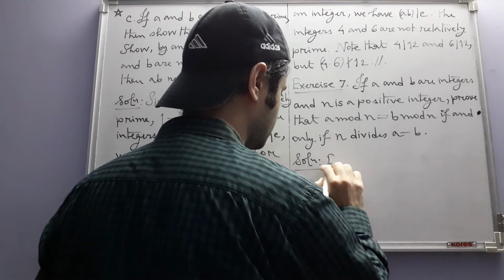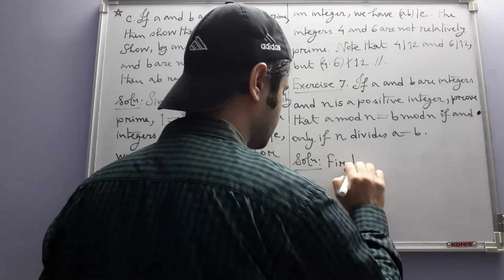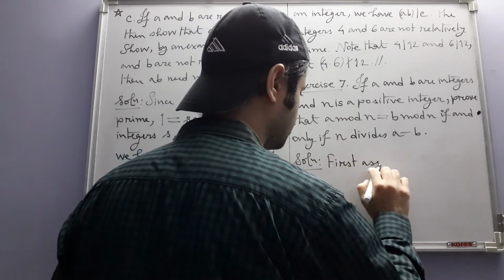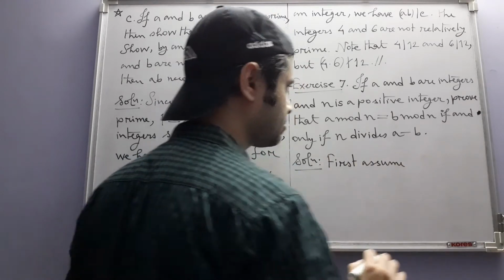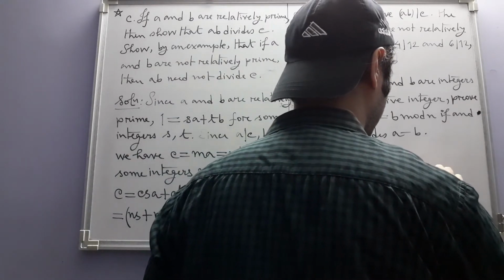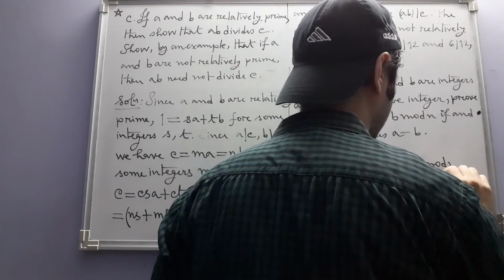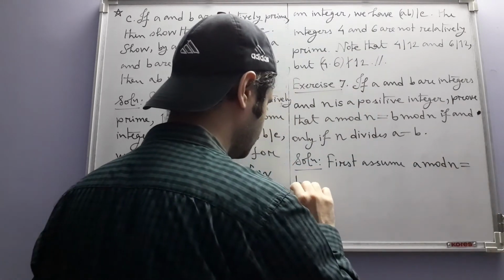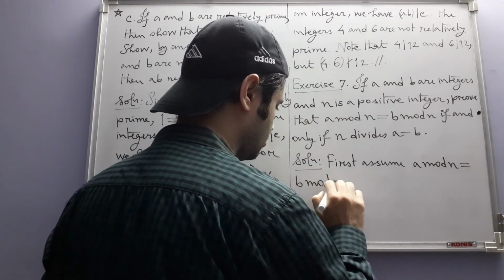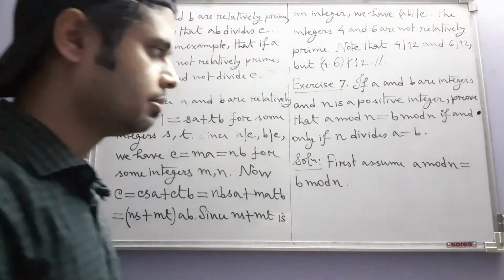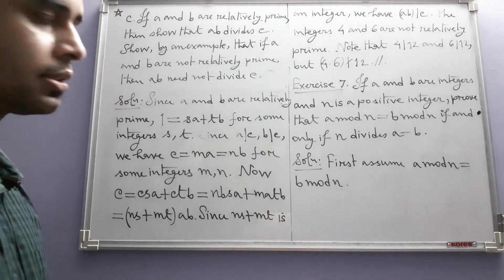Okay, so first assume A mod n is equal to B mod n. That means the remainders are equal.